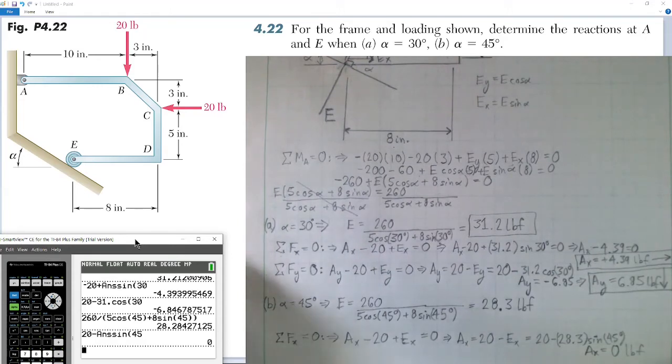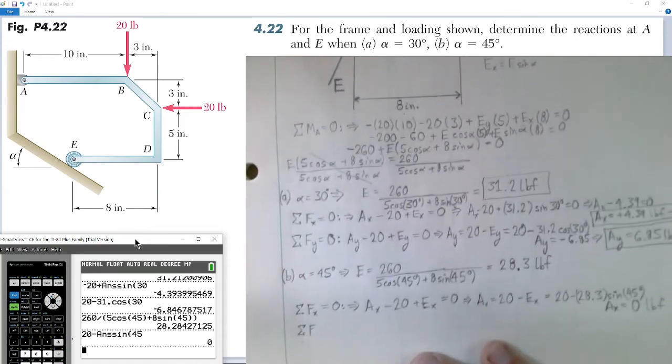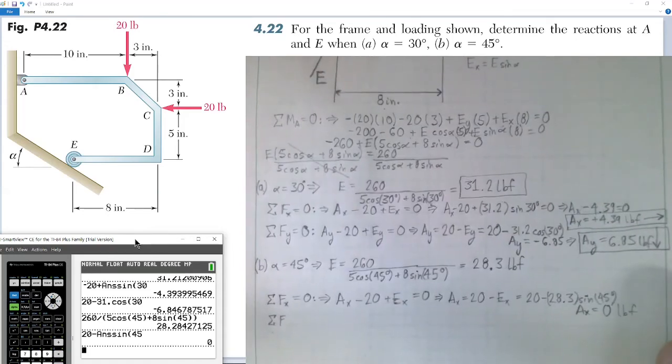We'll now determine what summation of forces is for the y direction, to determine what Ay is equal to, the reaction A in the vertical.